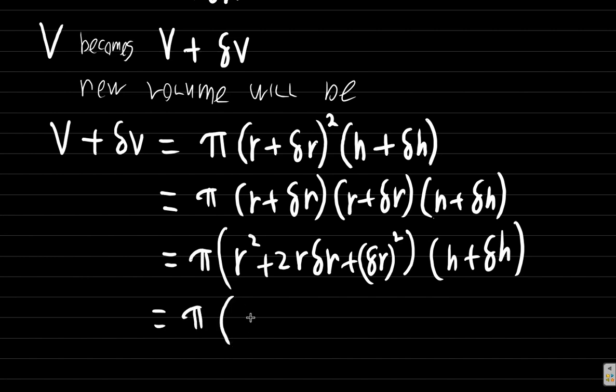Okay, good. So it is equal to pi times, alright, we're going to multiply out these. It's going to be r squared times h, plus r squared times a small change in h. Right?